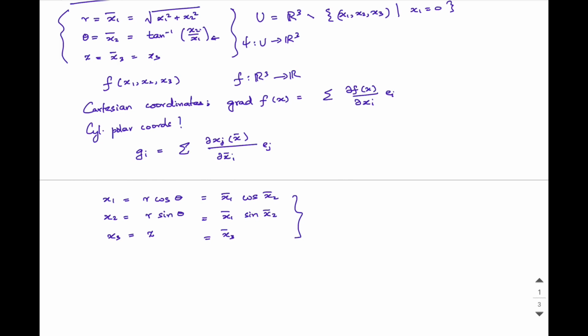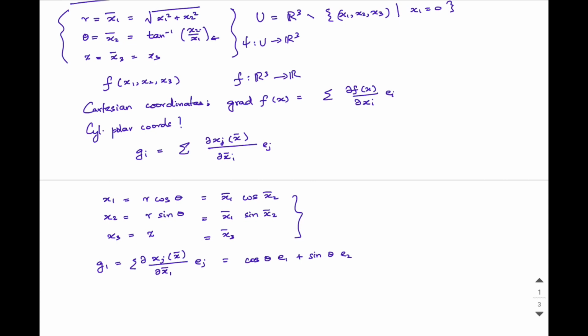And once you have this, you can go ahead and compute the basis vectors gi. For instance, g1 is nothing but the summation of partial xj of x bar with respect to partial x bar 1 times ej. It's a very simple calculation. It tells you that this value is the cosine of theta times e1 plus the sine of theta times e2.